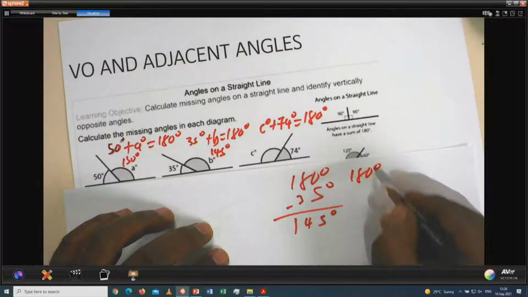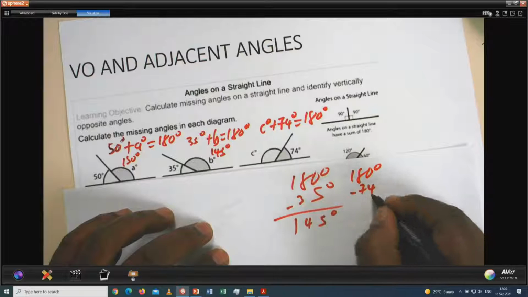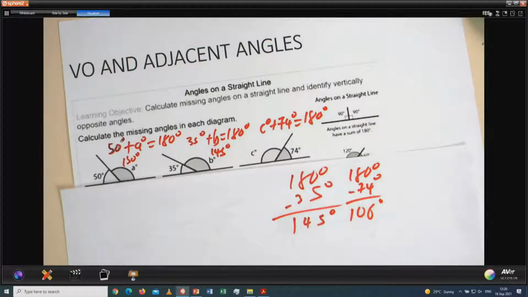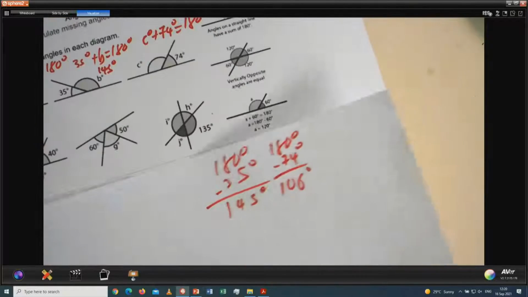We can say 180 degrees minus 74 degrees will give you 106 degrees. Angles on a straight line. So usually you check, what are you given? What is in front of you? Look at the relationships. The angles on a straight line give you 180. Remember that.